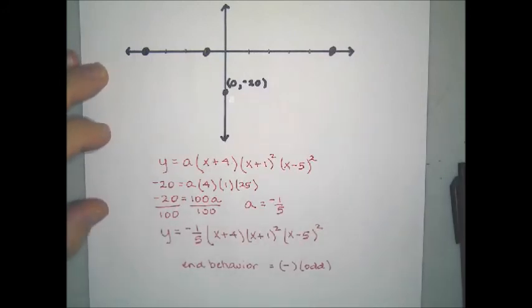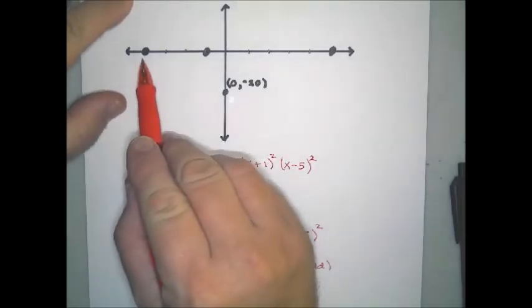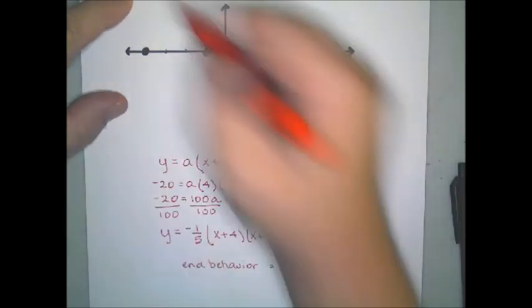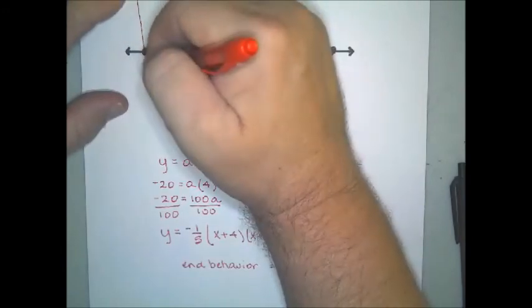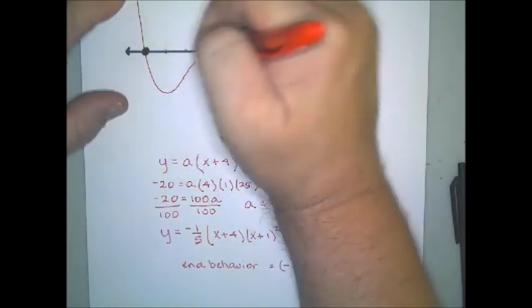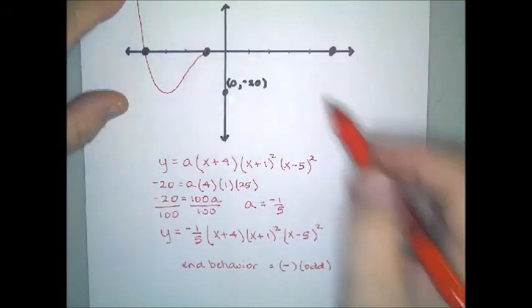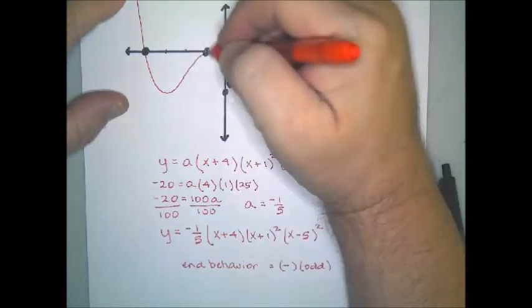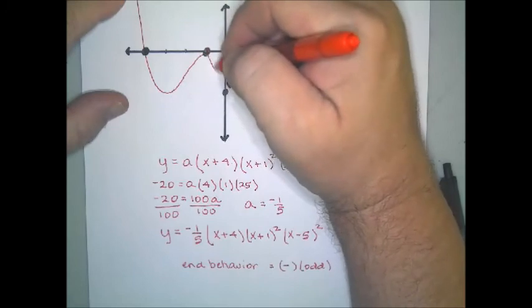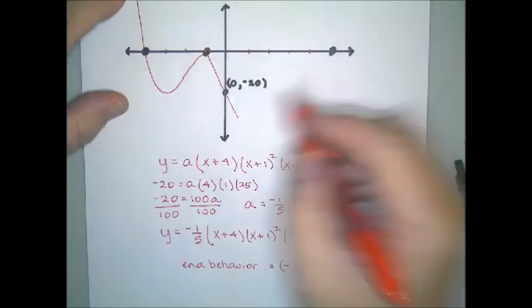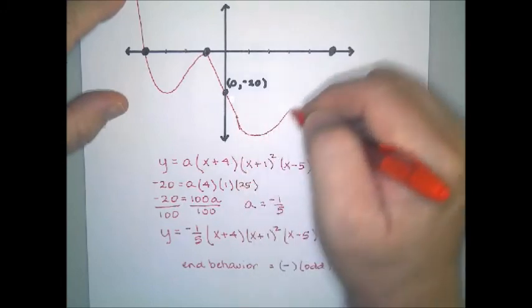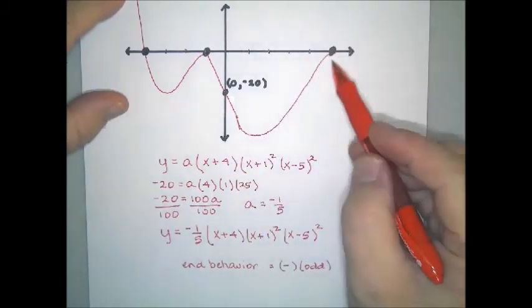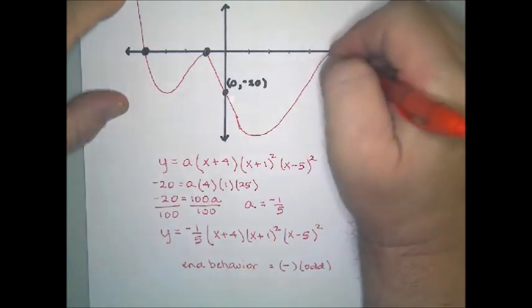So we're going to start high up here. We're going to pass through, but we're going to turn around and bounce. Now, we're going to come through 0, -20, and at some point down here, we're going to turn around, but remember what we're going to do when we hit this 5.